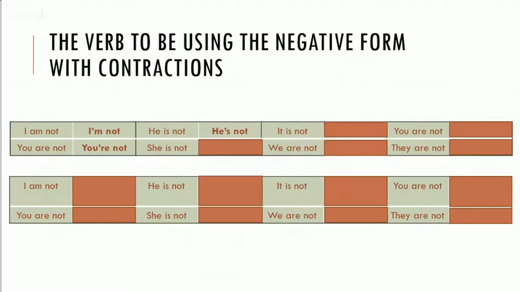He is not. Negative and with the contraction would be he's not. Next one. She is not. Negative with the contraction. She's not.